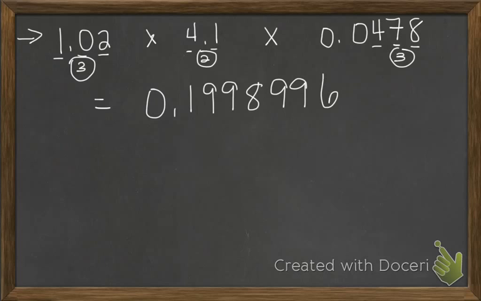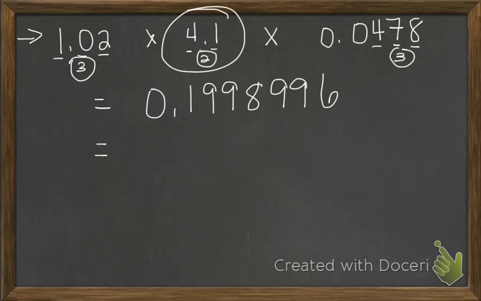So the numbers I used in my calculation had different numbers of significant figures. Whichever number has the least, in this case 4.1, it only has 2 sig figs. That means my answer can have only 2 significant figures. So how would I report that answer?